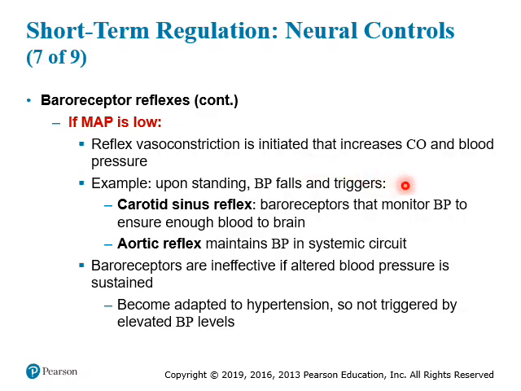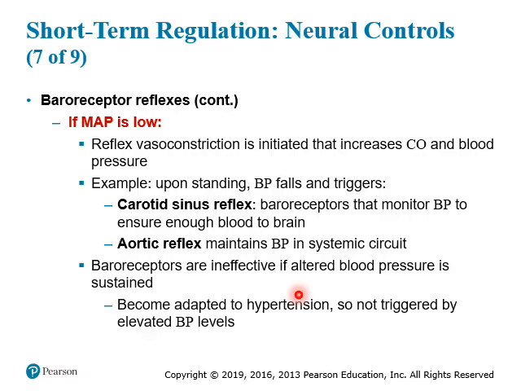For instance, upon standing, when you stand up really quickly, your blood pressure falls. It will trigger your carotid sinus reflex, the baroreceptors that monitor the blood pressure to ensure enough blood goes to the brain. The aortic reflex maintains blood pressure in the systemic circuit.